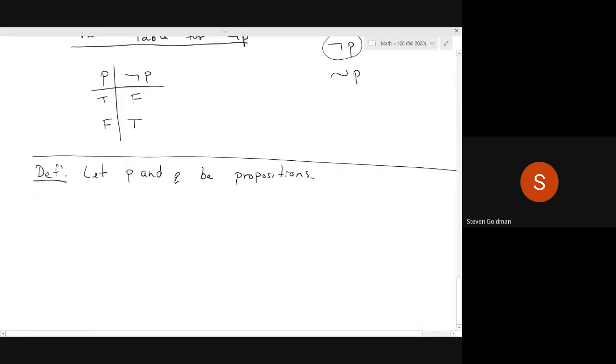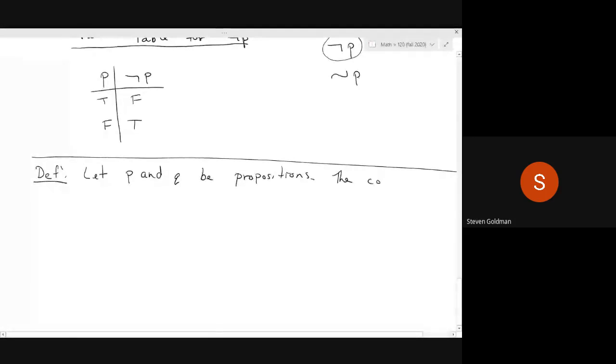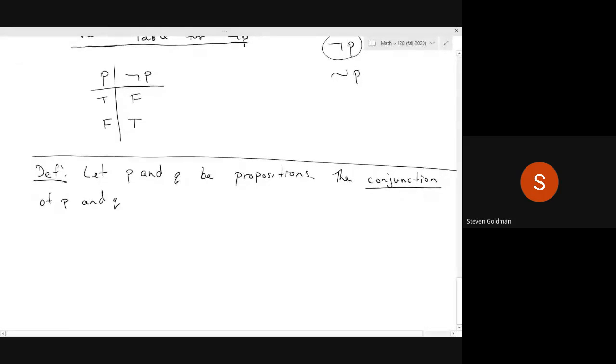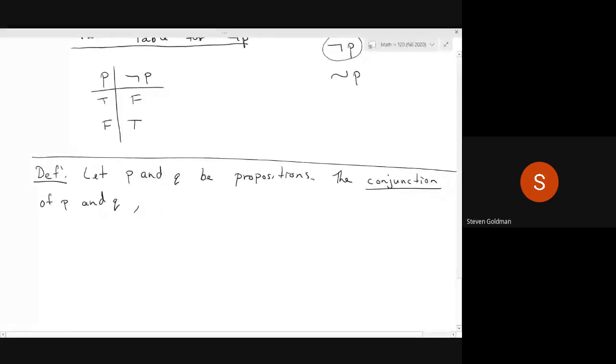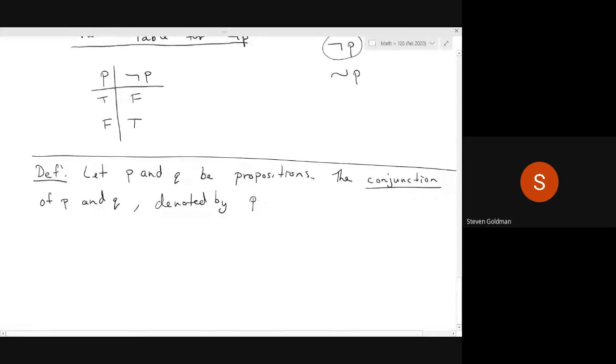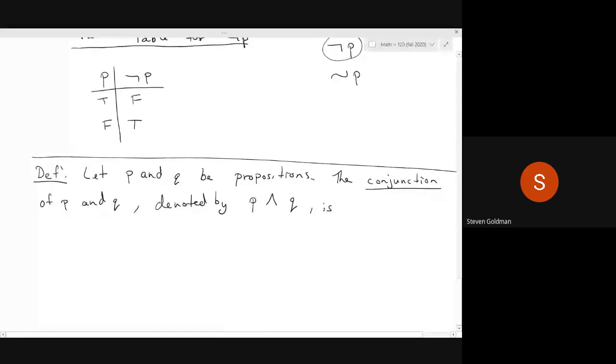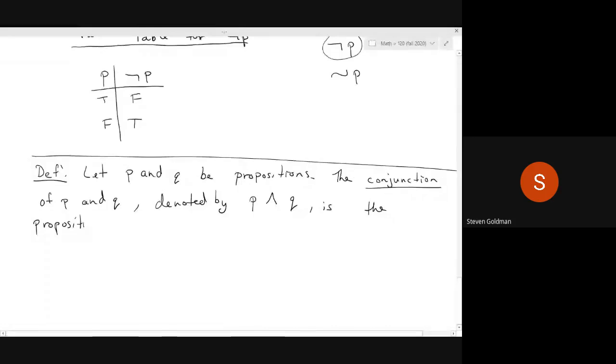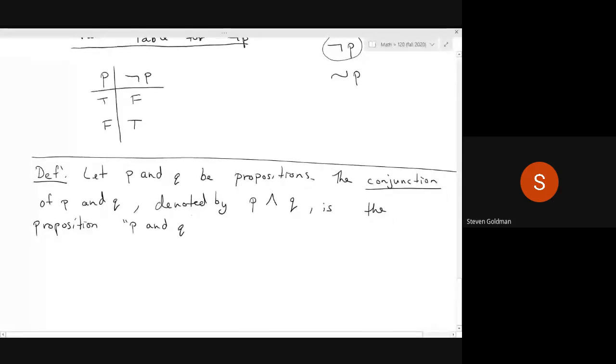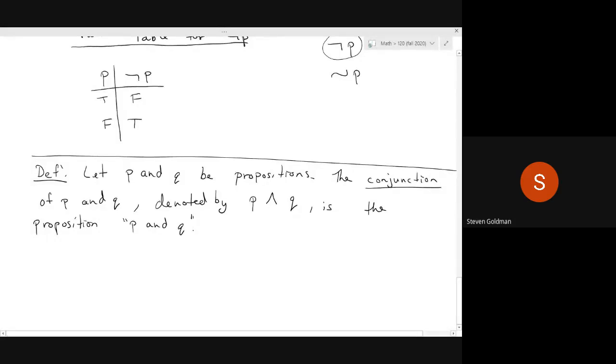The conjunction of P and Q, denoted by the following symbol, is written this way, and that's read as P and Q, or the conjunction of P and Q, is the proposition P and Q. So a conjunction of two propositions is just when we take two propositions and combine them into one sentence using the word and. That symbol that I wrote, that upside down V, represents the word and.